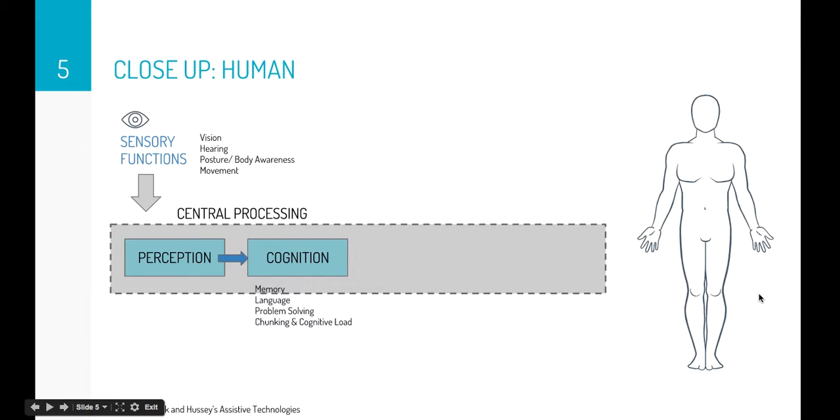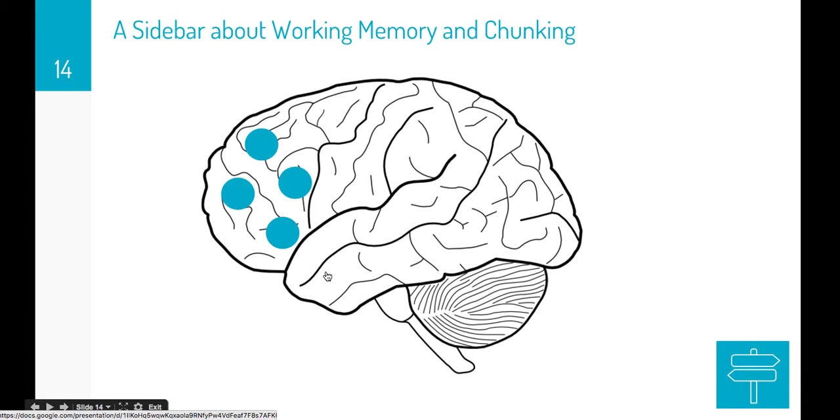The next aspect is cognition, and that's related to your ability to recall language, your problem solving, all those higher order types of thinking. And so we're going to go a little bit deeper into this for 1 second. We're going to take a sidebar about memory and chunking.